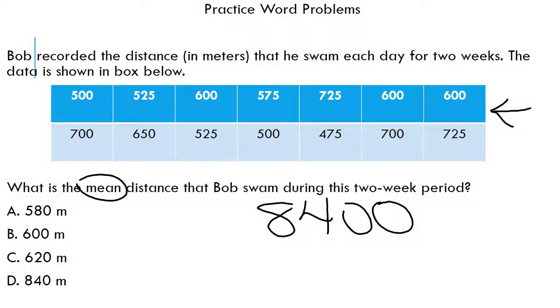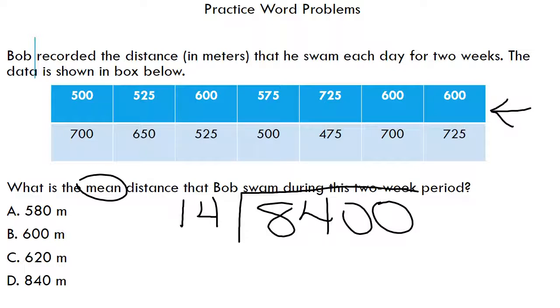That is correct. Now what's our next step? Our next step is to divide by 14. How did you know we were dividing by 14? That is also correct. We have 14 numbers listed in the table, and that's how many numbers we added together. So now we're going to take that and divide it by 14.